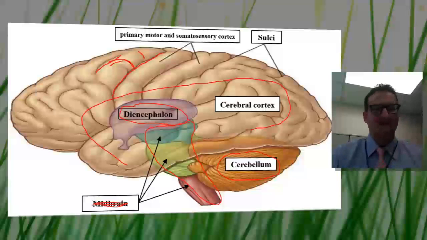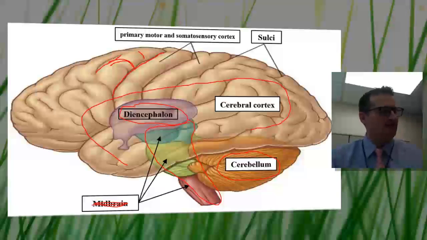The diencephalon sits between the cerebrum and the midbrain. It's a deeper structure that's only visible if you section the brain, either a frontal or sagittal section. The cerebellum is the second largest region of the brain, and it contains more neurons than the rest of the brain combined.